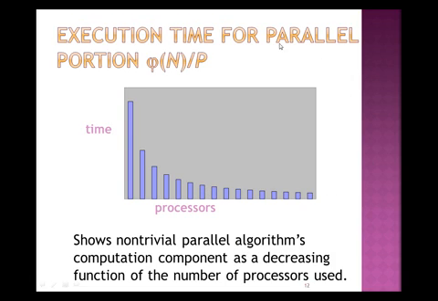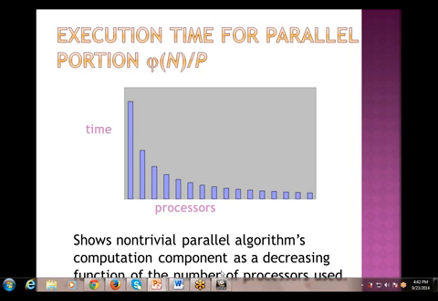This is the execution time for the parallel portion, when we execute in parallelism, φ(n). This shows non-trivial parallel algorithms whose computation component is a decreasing function of the number of processors used. These are the number of processors used, and this is the time.